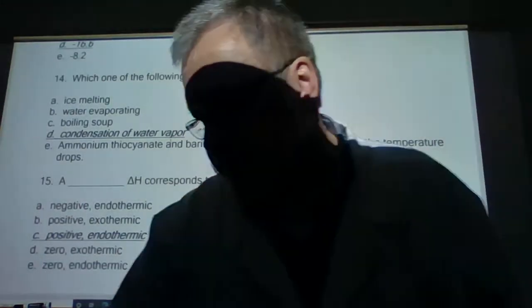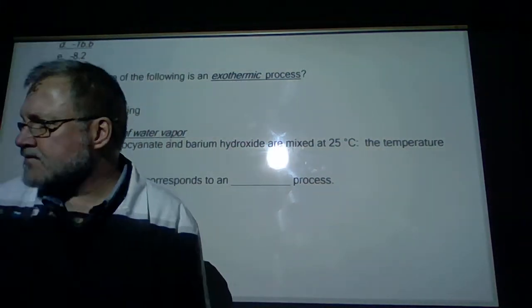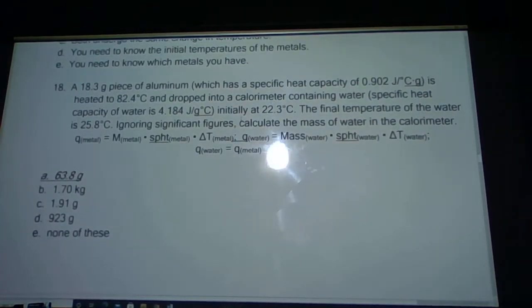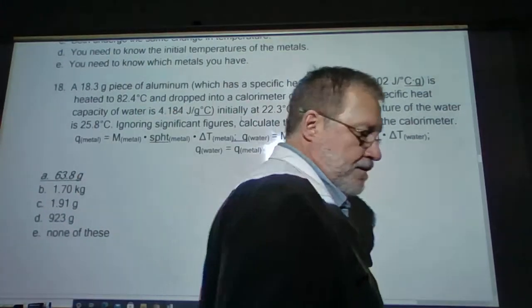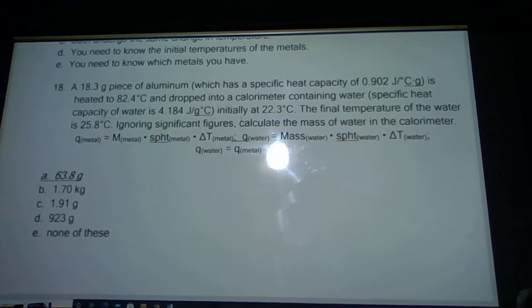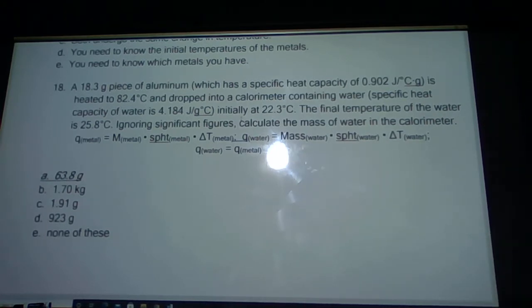Number 18. An 18.3 gram piece of aluminum having a specific heat capacity of 0.902 joules per gram per degree C is heated to 82.4 degrees and dropped into a calorimeter containing water with a specific heat of 4.184 joules per gram per degree C, initially at 22.3.